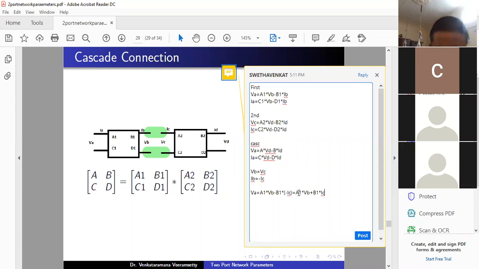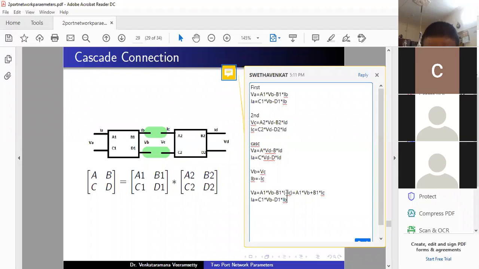Similarly, IA equal to C1 multiplied by VB minus D1 multiplied by IB. So in place of IB we can write minus IC.